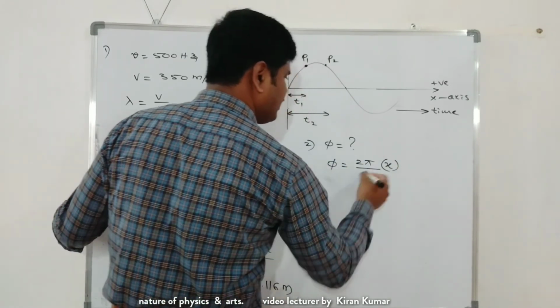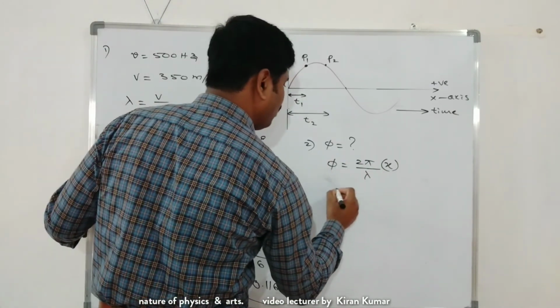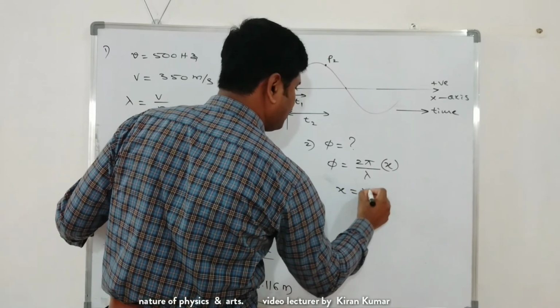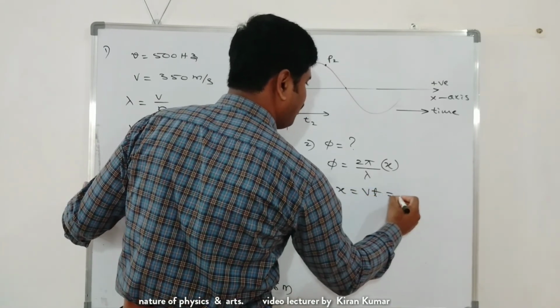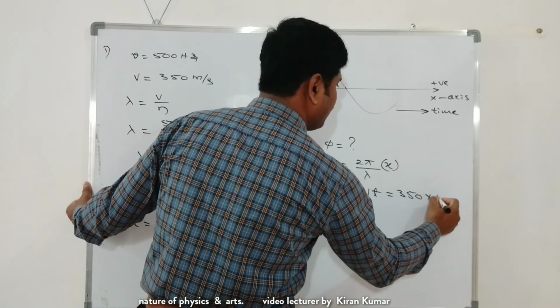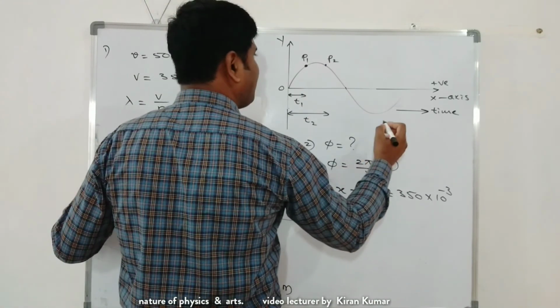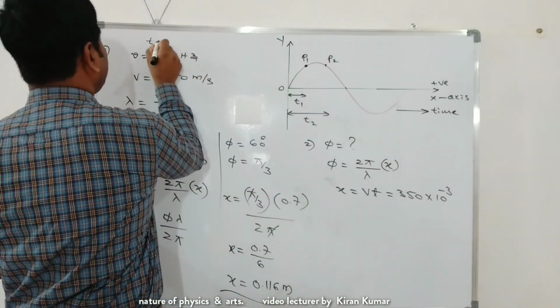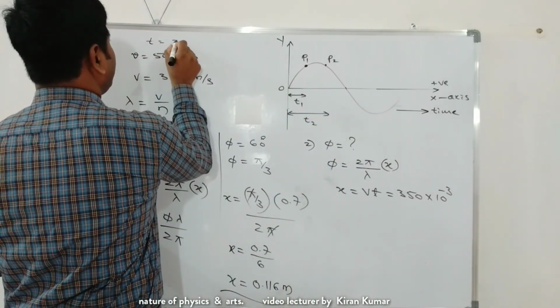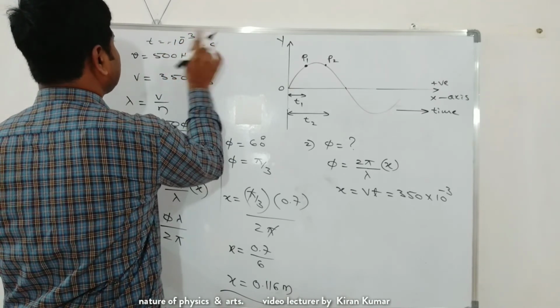Okay, here the lambda value we already got, and the x value, that is x is equal to velocity into time. Velocity is 350, and the time is 10 to the power of minus 3 second. Here the time value is given as 10 to the power of minus 3 second.